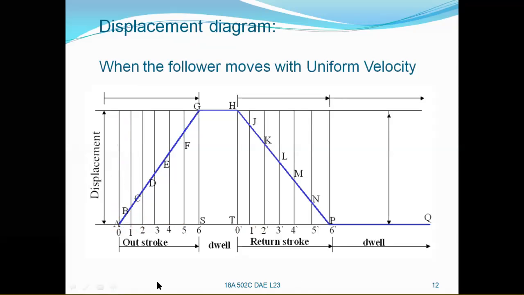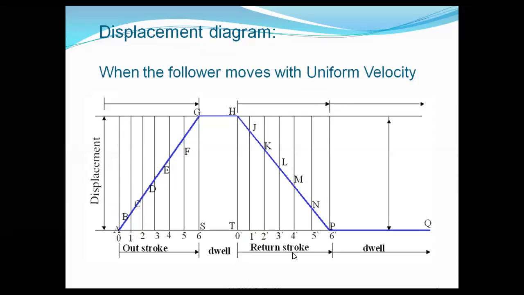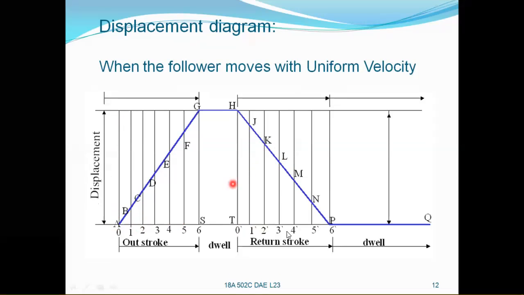This is the outstroke, and this is the return stroke. This is the dwell period during which the follower remains at rest, and this is also a dwell period during which the follower remains at rest.